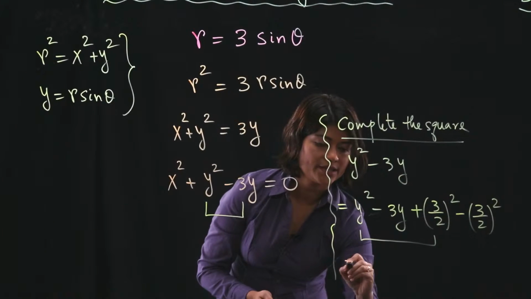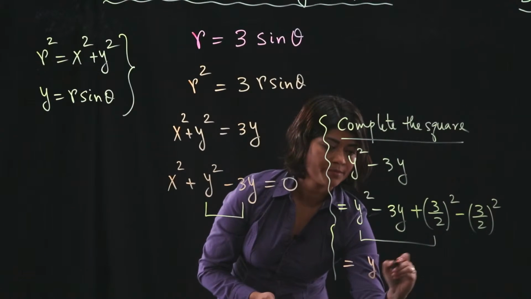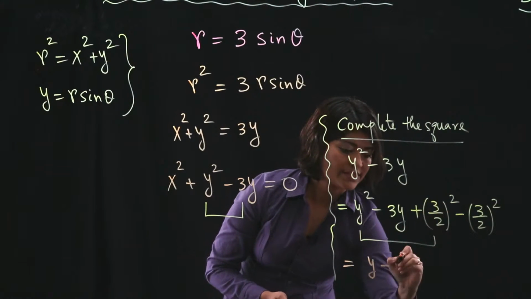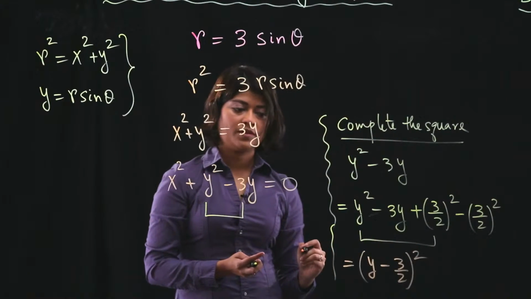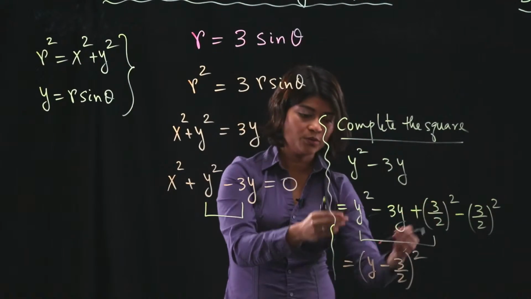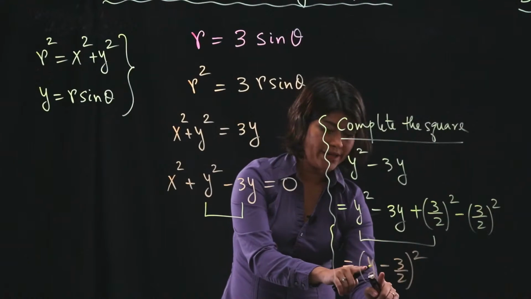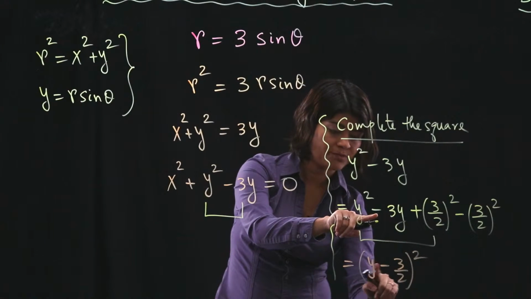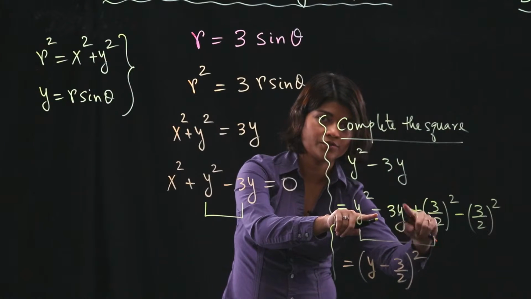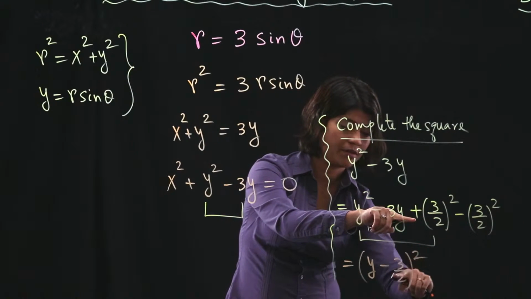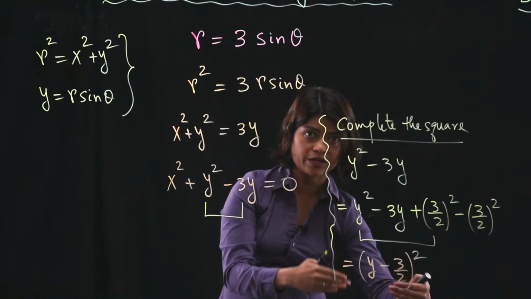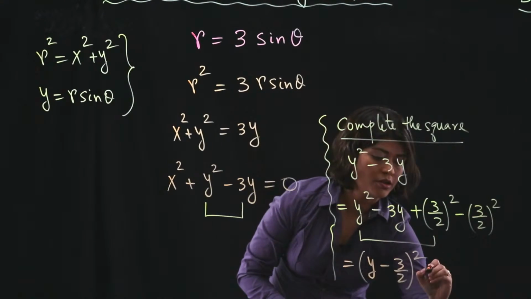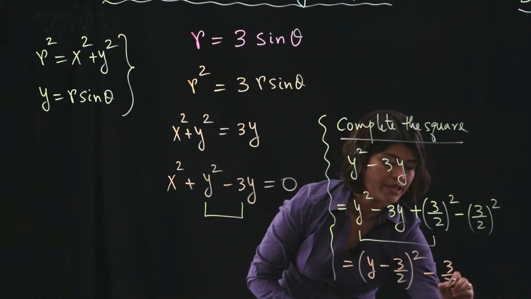And the complete square that you will get is y minus 3/2, whole squared. Notice you FOIL it and you will get y squared minus 2 times y times 3/2, plus 3/2 squared. So we just went the other direction. And then you will also have this negative 3/2 squared.